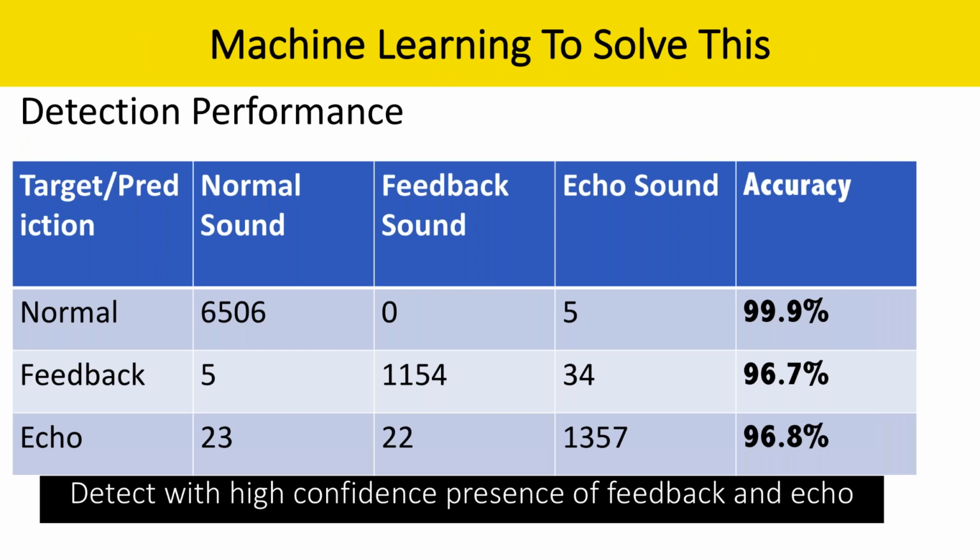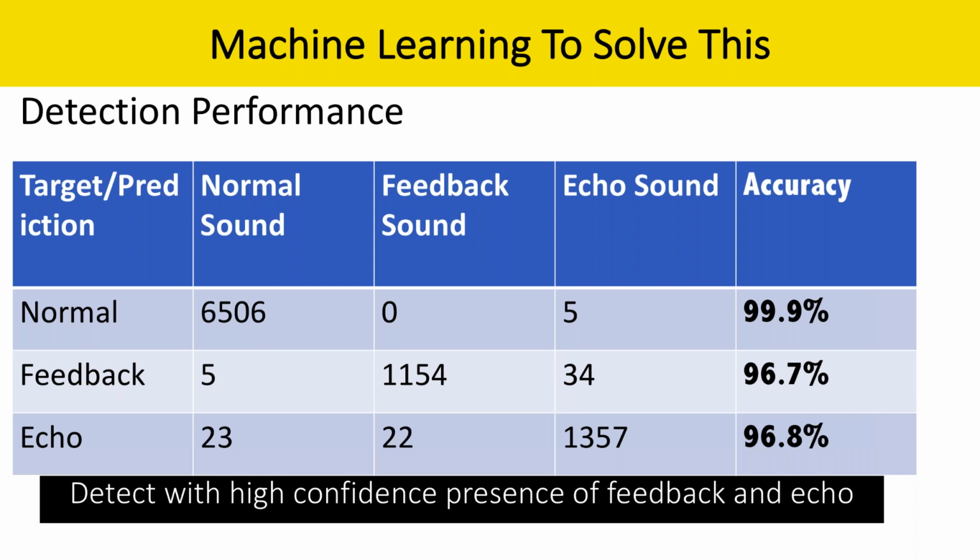So with our training and with the model we established, this is what we come down to, this is the performance. Out of all the data we have, we're able to detect the normal sound correctly about 99% of the time. And for feedback and echo sound, we got about 96% accuracy.